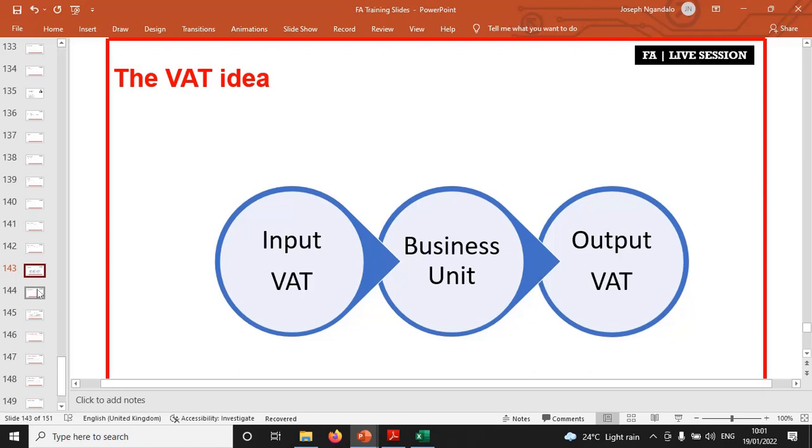Goods, finished goods, right? We call that what? Output. Very important. So, when you buy goods as a business, you pay for what we call? You pay input. This one you are paying. But when you sell, you collect. Do you understand? What do you collect?